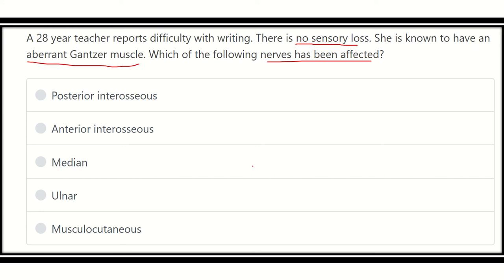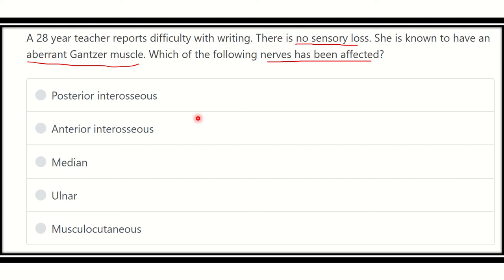So here we have to find out a nerve which lies very close to the aberrant Gantzer muscle, and this nerve will be affected. And an important note here is that there is no sensory loss.